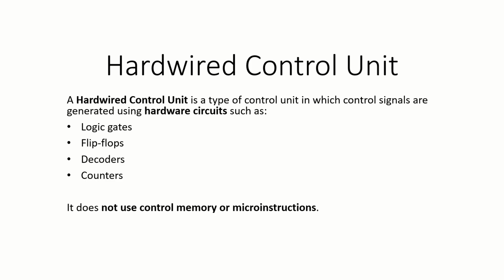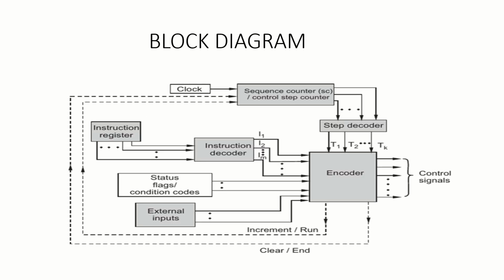So now let's look at the block diagram of a hardwired control unit system. Here we can see the instruction register, instruction decoder, sequence counter, step decoder, encoder, status flags, and external inputs. The clock first sends a signal to the sequence counter.